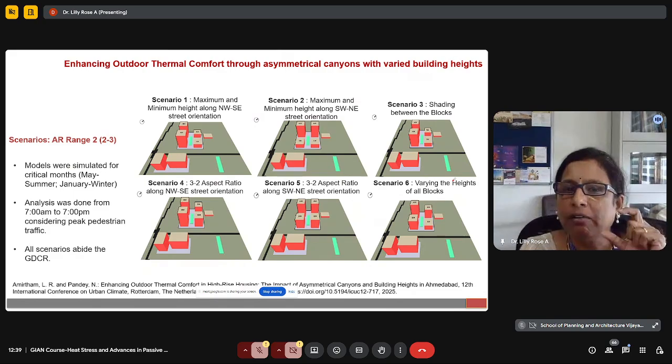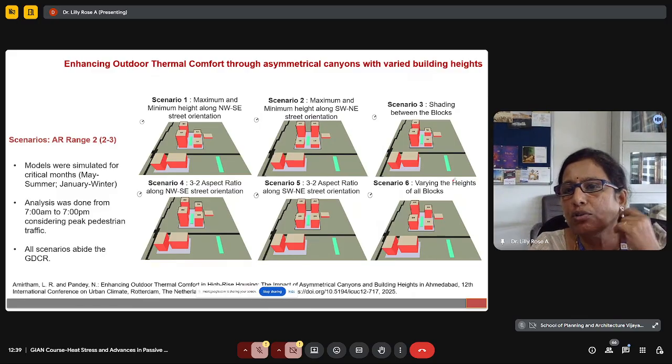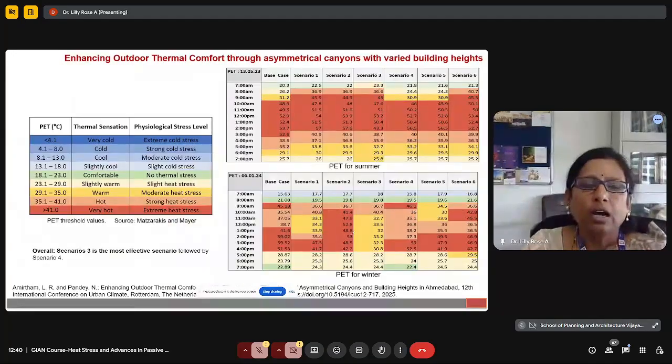It is not a floor, it is just a shade between the buildings, because we did realize that shading enhanced outdoor thermal comfort. Then we introduced it in the northwest-southeast blocks, and the similar thing was introduced in the southwest-northeast blocks also. Then we varied the heights of all the buildings, and analyzed these in the simulation.